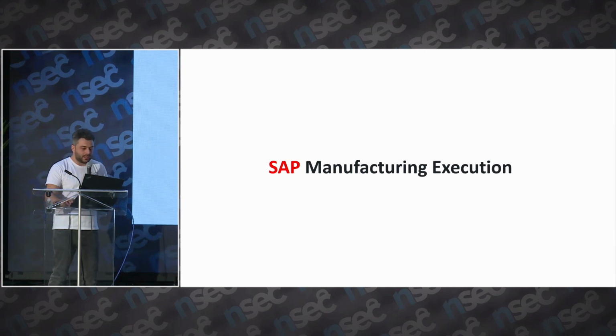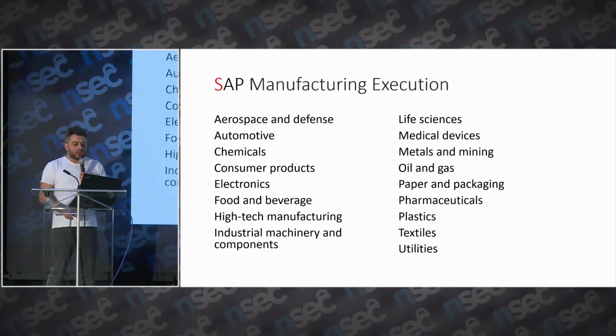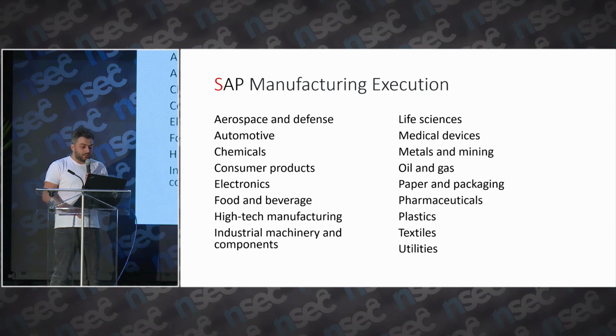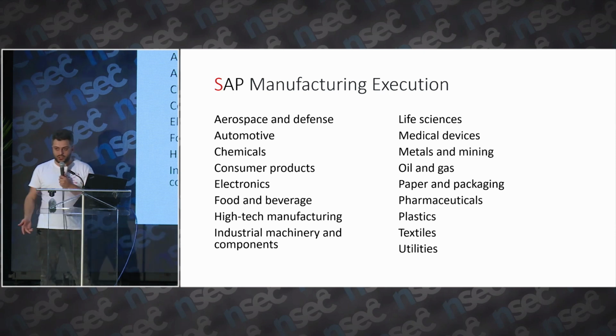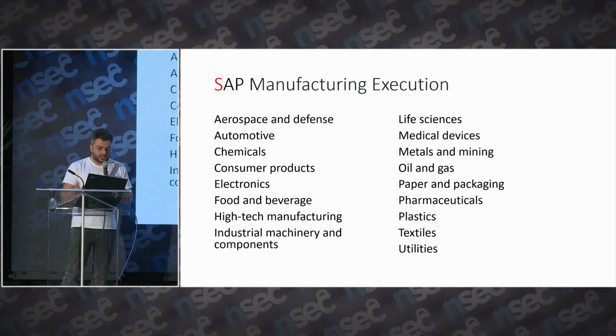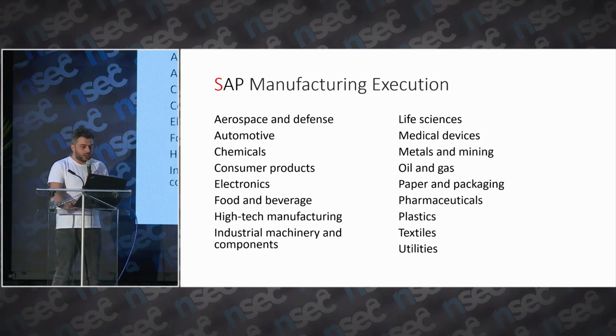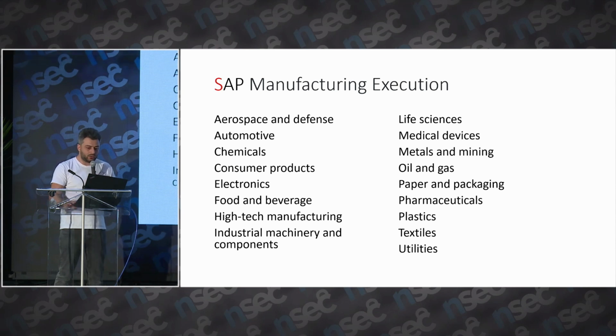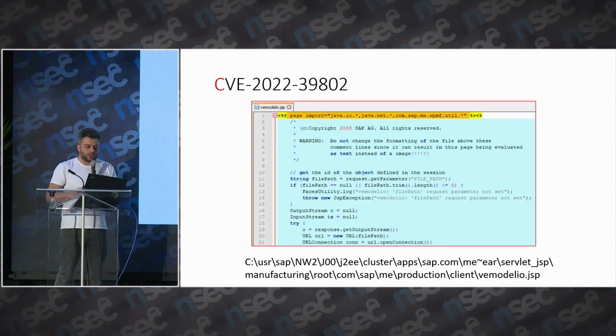SAP Manufacturing Execution is used in many industries, and SAP ME is a Java application that is deployed on Java application stacks. As Red Race is a partner of SAP, we could download that component, and we started to analyze it to discover some vulnerabilities there. We had a low privilege user.